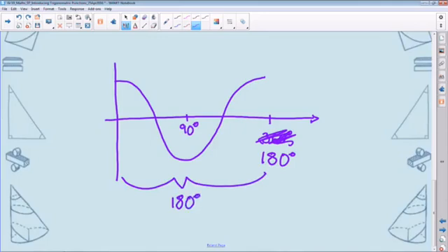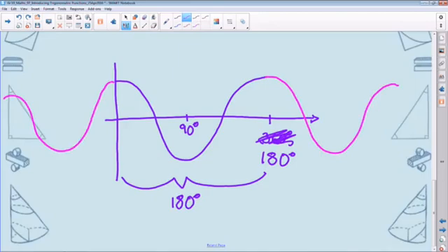Remember that the period of the graph is the amount of time it takes for the cycle to complete. So yes, this is going to continue going on and on, but the pattern happens in 180 degrees. Now, the equation of this graph is going to be y equals cos 2x.